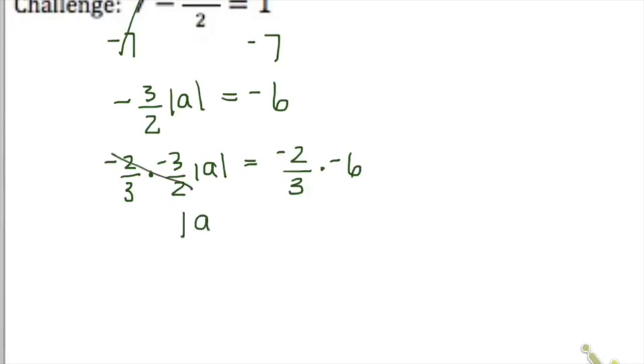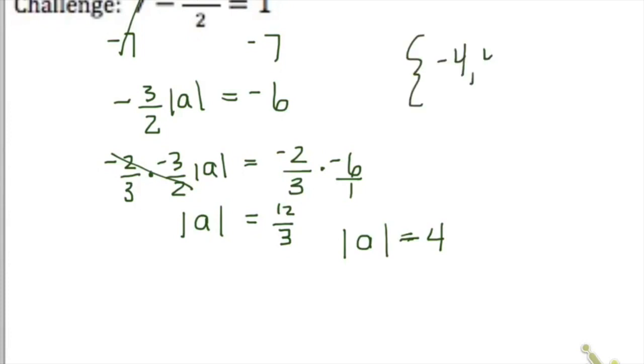I get the absolute value of A is equal to, just doing that multiplying, 12 over 3, which is, of course, equal to 4. So I have the absolute value of A is equal to 4. And that means that my solution is either going to be negative 4 or 4.